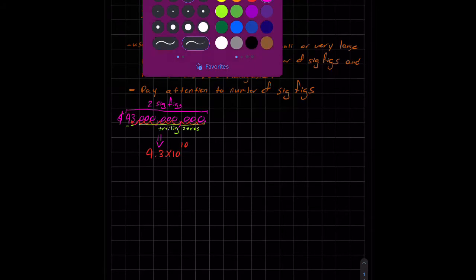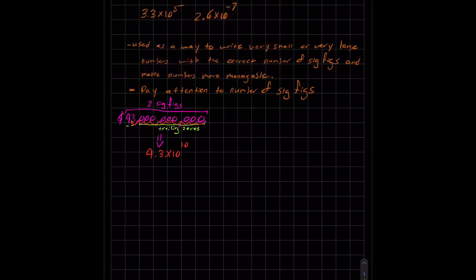Another example would be something along the lines of 0.0000076. So we have all these zeros in this. In this entire number, there are only 2 sig figs.